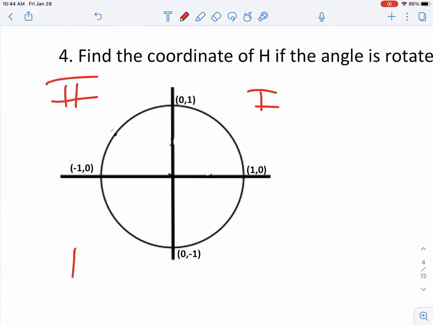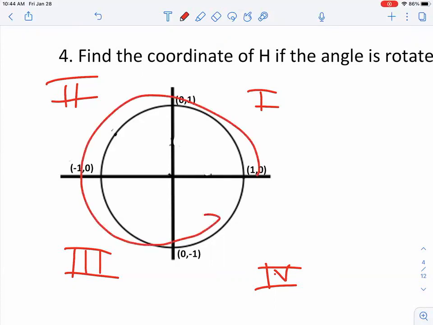That's the first, second, third, and fourth quadrants. So what quadrant is 315 degrees in? Come on. You have a 25% chance of guessing. Yeah, it's in quadrant 4. So 315 degrees is less than 360, so it's going to be somewhere around there.